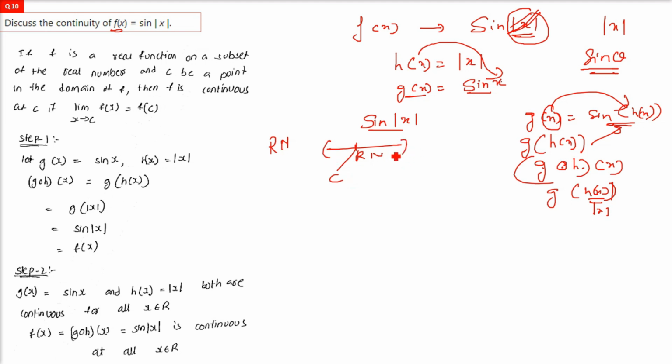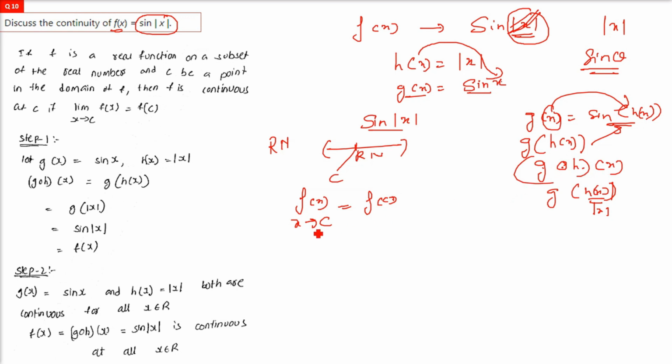So if you take some point c in this domain, then if f is continuous at c, what does it mean? The value of the function at c should be f(c). The value of the function, that is sine mod x, if you put sine mod c, it should be equal to f(c), that is sine of mod c, which is understood also.